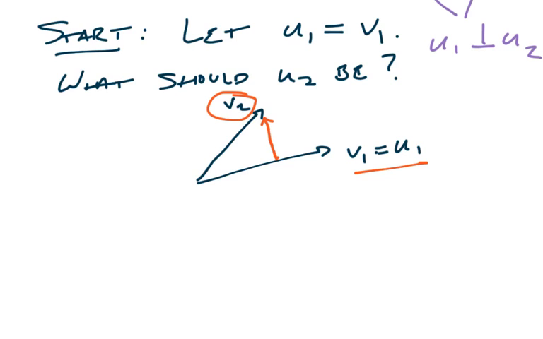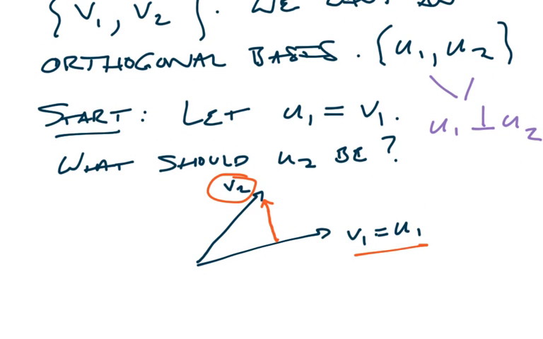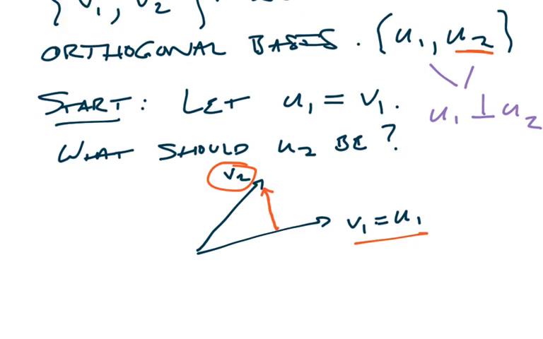This is what I mean when I say the sense of coherence. We're going to use V2, figure out what part of it is orthogonal to V1, and that's what we're going to call U2 in our orthogonal basis, U1, U2. So that's how we're going to generate U2.